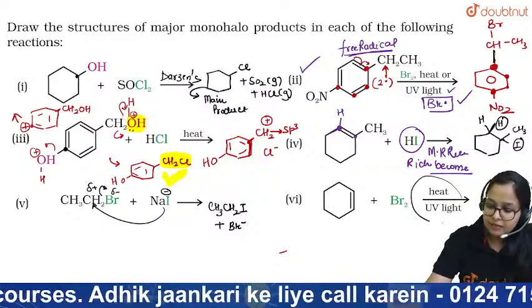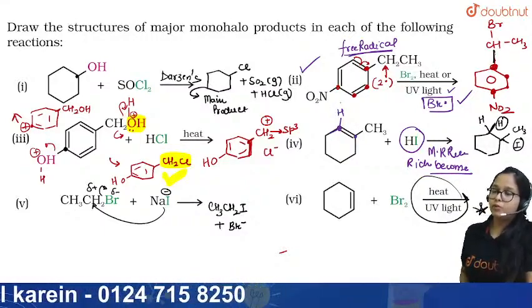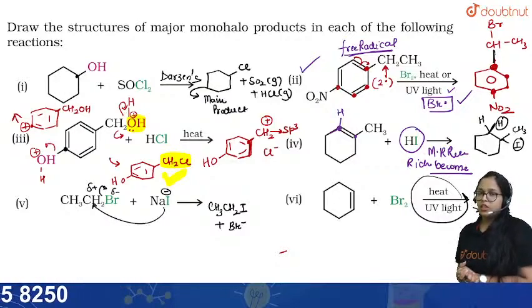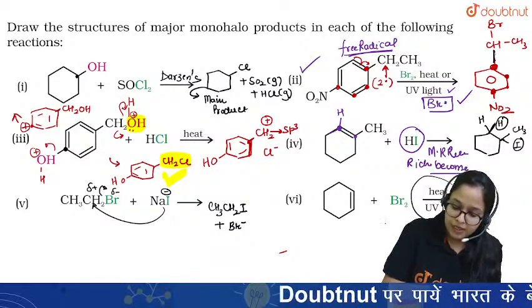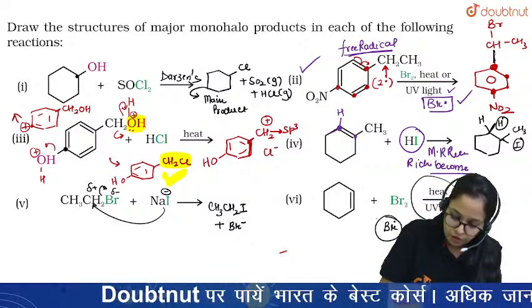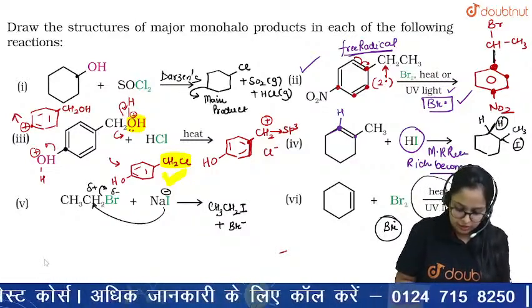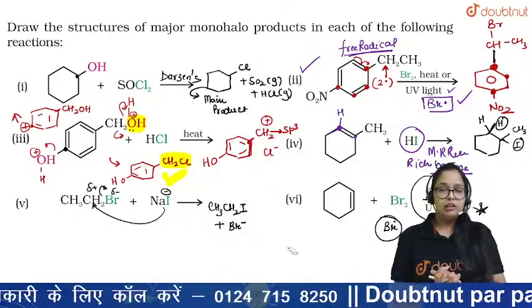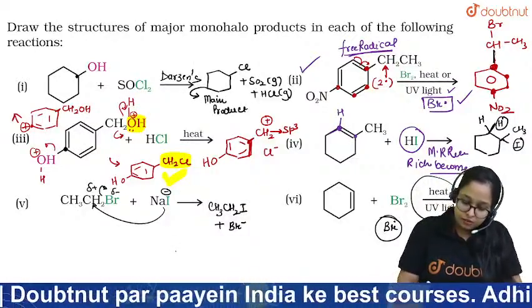A free radical mechanism will be followed, just the way in the second part you were using UV light. Here also we are using UV light, and UV light leads to the formation of a free radical. Br radical is being formed here, and you must know how to form the radical in the substrate. That is, the most stable radical will be formed in the substrate, where Br will attach itself, right?